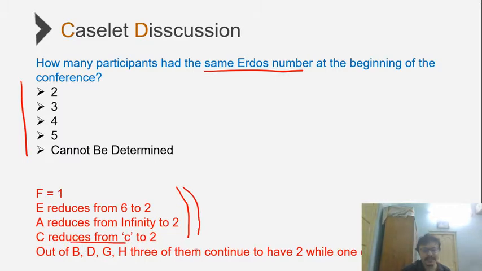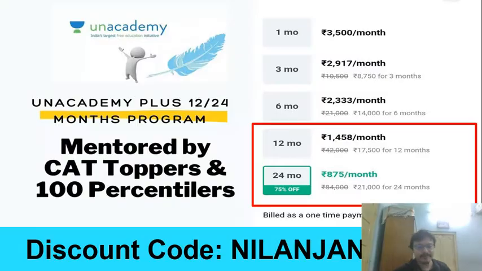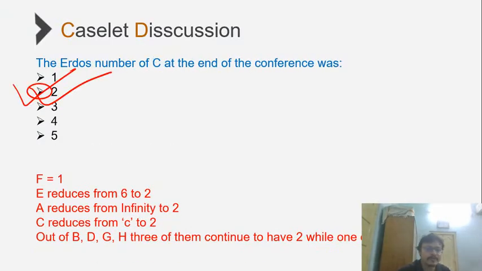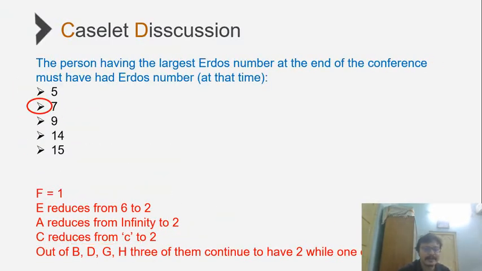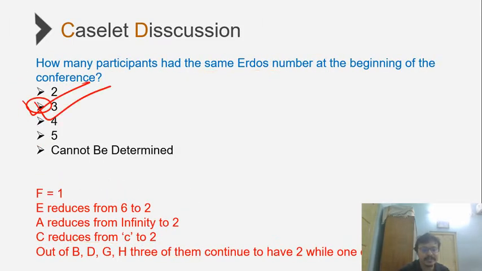Out of B, D, G and H, 3 of them had the same Earth number, which is 2. Hence the answer is option B, which is 3. So with that, we've solved all the 5 questions in the set. I hope this set is clear to everybody.